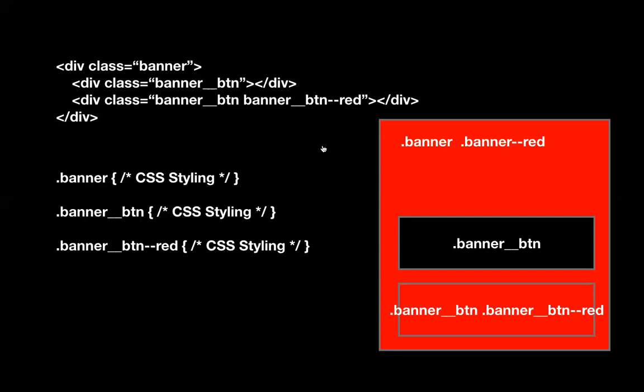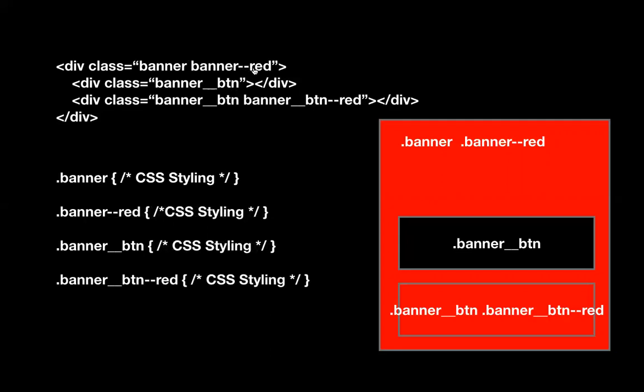So we would have to add a class here, banner dash dash red. In addition, we would have to add some CSS styling here. We would have to add the class, and we would have to add its associated CSS styling.